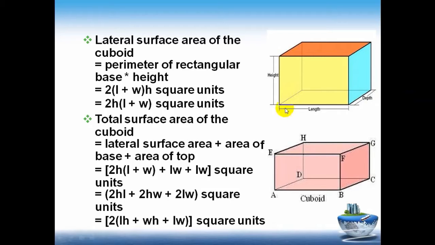And now the total surface area of the cuboid: lateral surface area plus area of base plus area of top. So this is the area of the base and area of the top: 2 multiplied by h into (L plus W) plus LW plus LW square units. And we can write 2 multiplied by h multiplied by L plus 2 multiplied by h into W plus 2 into L into W square units. Now taking common 2, it is 2 into (LH plus WH plus LW) square units.